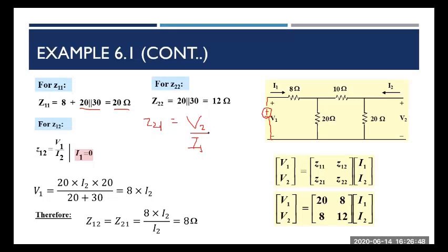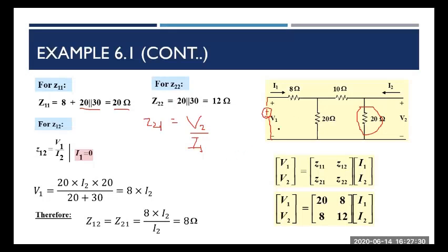So for Z21, it's V2 divided by I1. Your V2 is the voltage drop at this particular resistor. To solve this part, you should get V2 divided by I1, and you should get 8. So for Z21 and Z12, you should get 8 times I1, divided by I1, so you get 8. Meaning that your Z21 will be equal to 8.